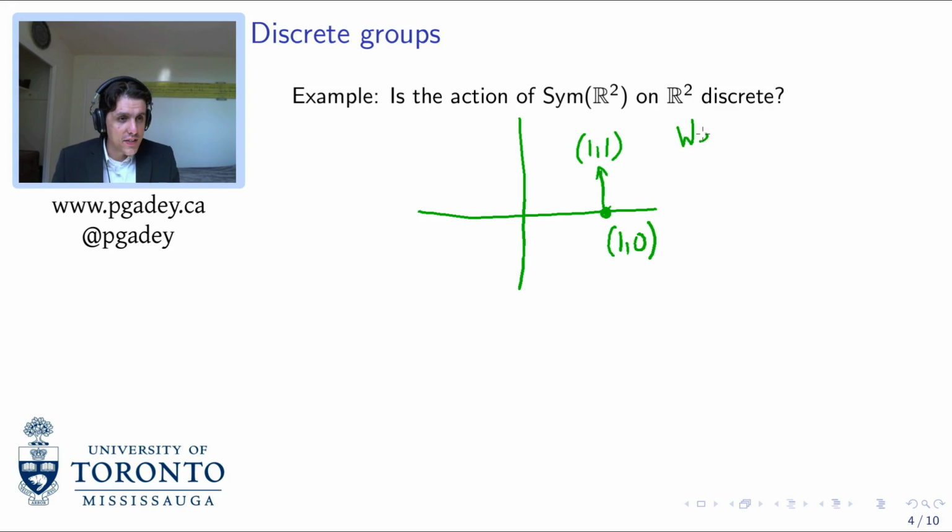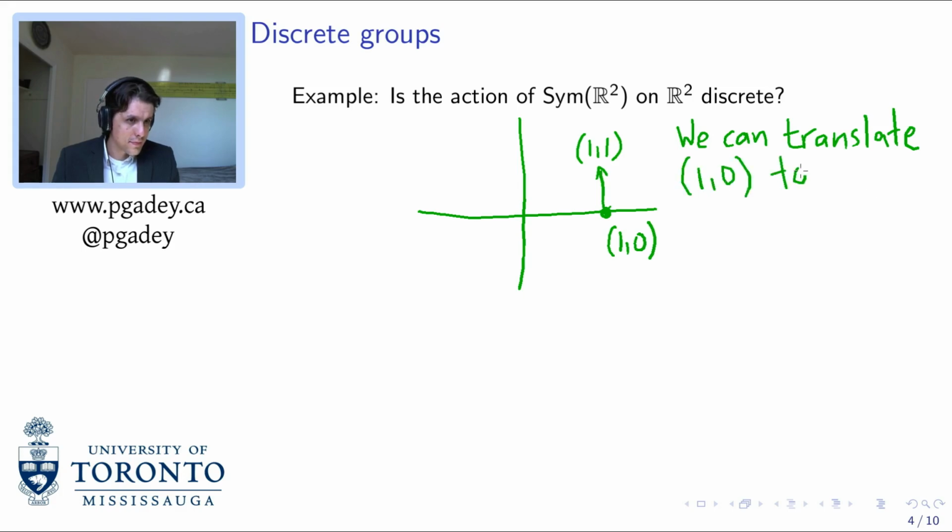So we can translate to the point (1, 1 - 1/n) for any n.